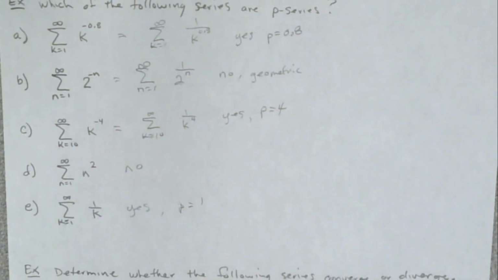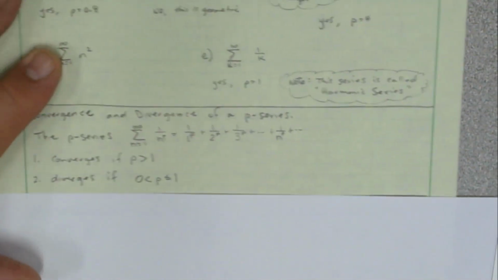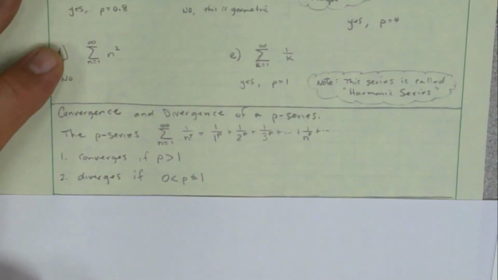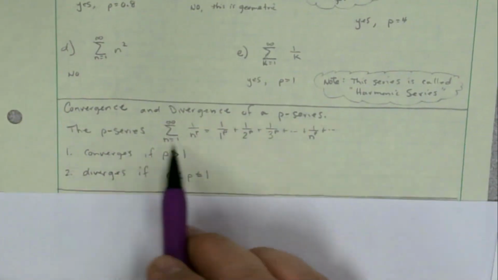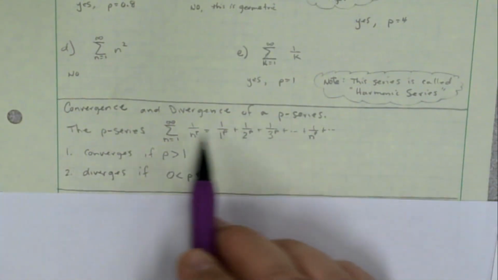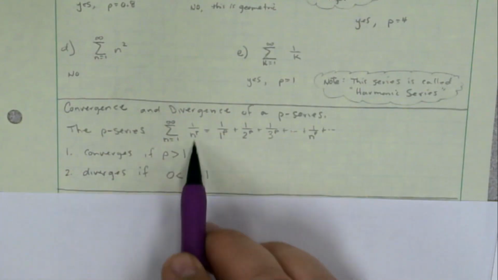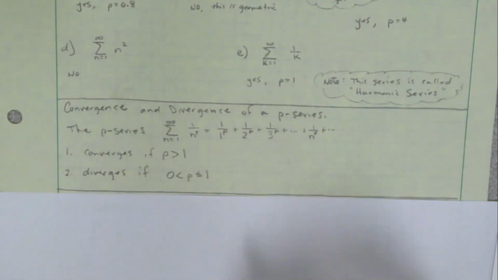So then the next part of our questions are this. Let's talk about the convergence and divergence of a P-series. So the P-series that we just got done talking about will converge if the P number is bigger than 1.